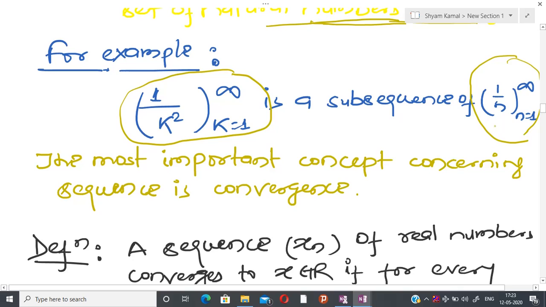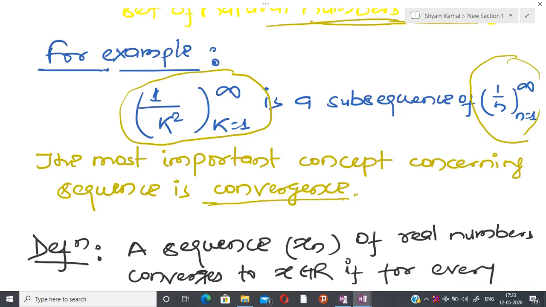Now I have already told you that after defining the sequence, we have converted differential equation in terms of sequence, we have converted algebraic equation in terms of sequence. After that, we have to talk about the convergence, because if we are able to understand and define the convergence, at that time we are able to get some kind of limiting point.